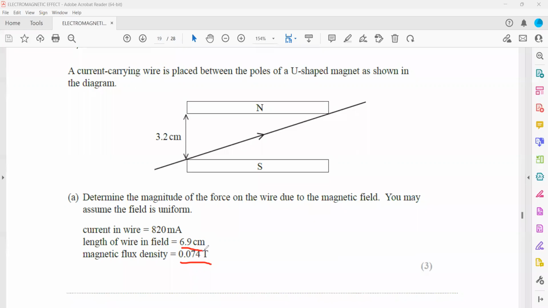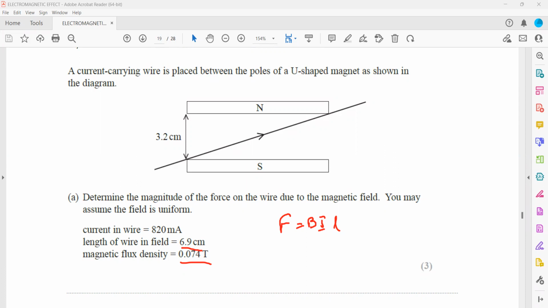The magnetic flux density is given. The formula is F equals BIL, and the wire is perpendicular to the magnetic field. If the wire is exactly perpendicular to the magnetic field, we use F equals BIL.